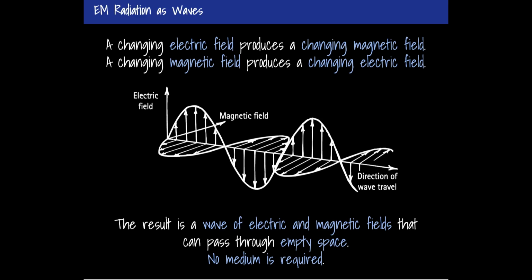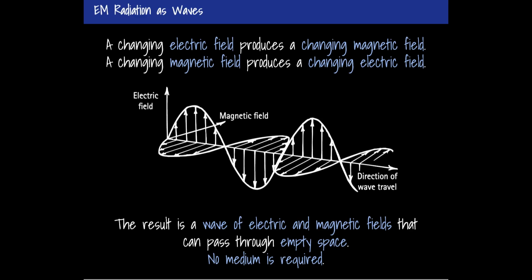But the tricky bit is that perpendicular to the electric field is the magnetic field, here drawn along a magnetic axis perpendicular to the electric field axis, but it's doing the same thing.